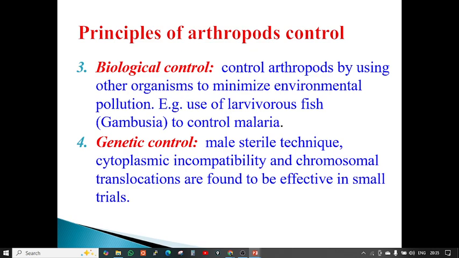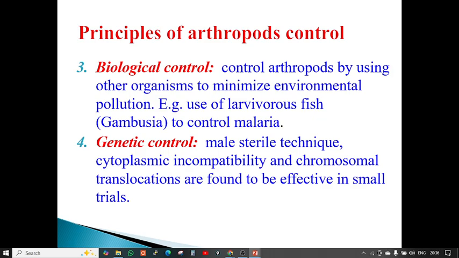Third is biological control. Control arthropods by using other organisms, which minimizes environmental pollution. It means you utilize another organism to kill the others. For example, in drain systems there are larvae of mosquitoes where water is locked.